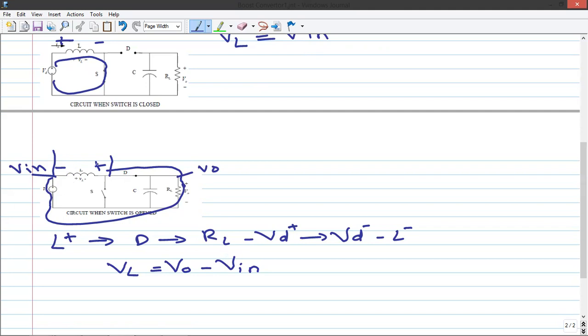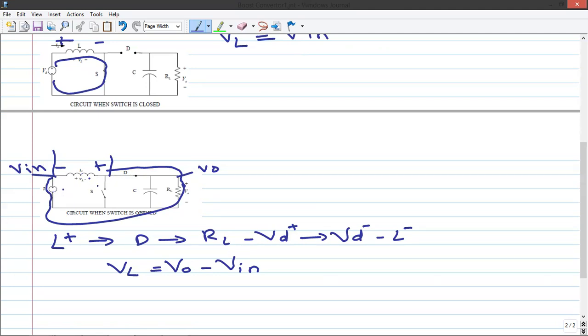How is the boosting happening? It is a step up converter. When the switch is in the open position, the output voltage will be equal to the supply voltage plus the inductor voltage. So V out will always be more than the input voltage.